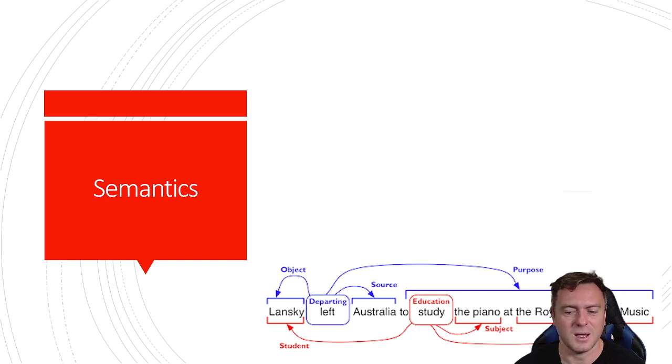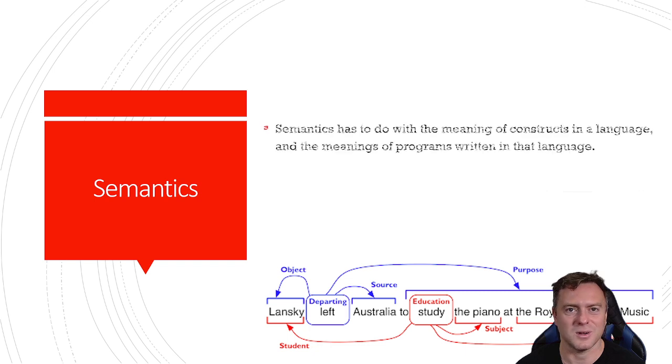The subject was the piano, the education was the study, and then the study links the student, the subject, and the institution together. Then if we go back up to the top, we've got departing, which tells us who's departing, which is Lansky. They're departing Australia, and then they've got a clear purpose of why they're doing that. So that sentence, while it's simple, has a lot of meaning happening underneath it, which is what a good computer scientist tries to look for.